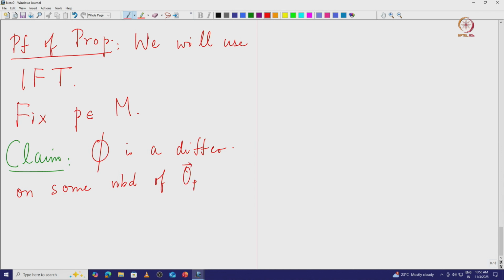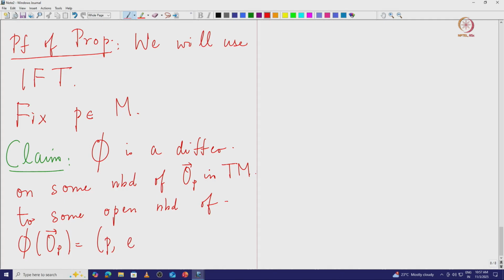of 0_p, not in the tangent space at p but in the tangent bundle, to some open neighborhood of the image of 0_p. But what is the image of 0_p?